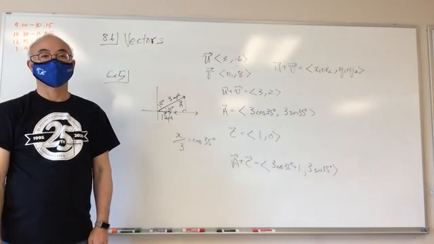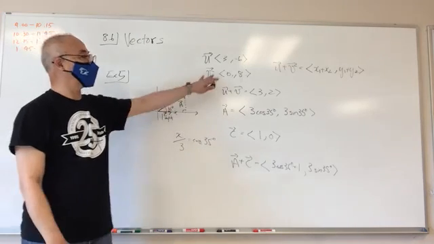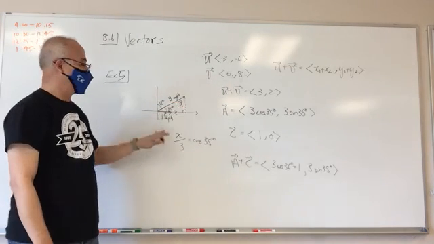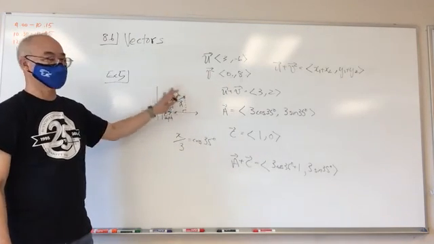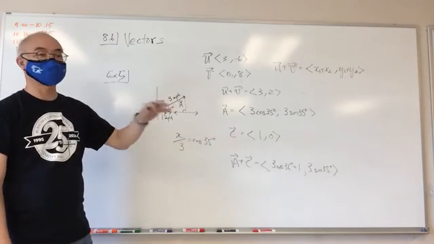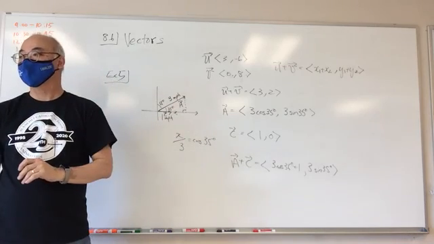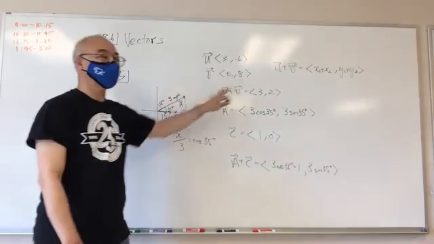So you should know how to do this. I don't know if example number 5 is something you guys are ready for, but just realize you should be able to do it.